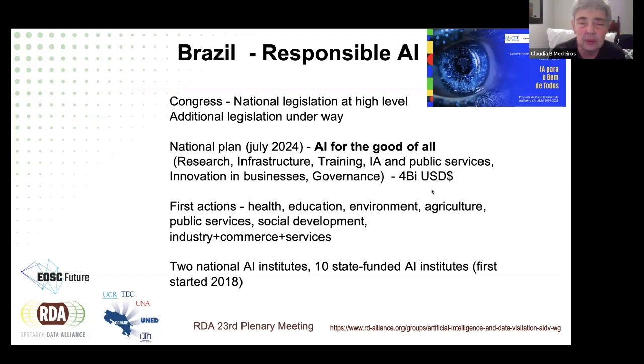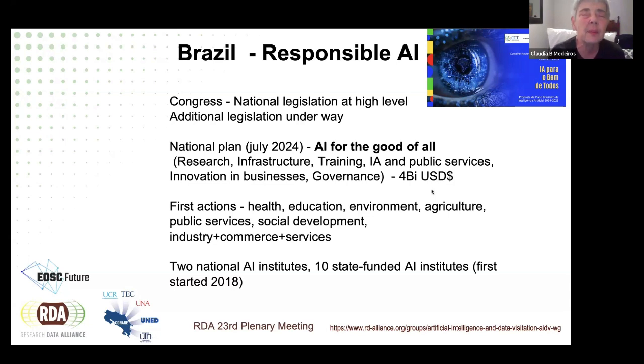There are first actions with calls for action, with policies, and calls for proposals in health, education, environment, agriculture, public services, social development, industry, commerce, and service. So these are calls for proposals involving AI for public good in all these fields. We already have 2 national AI institutes, plus 10 different state-funded AI institutes, the first of which started in 2018.